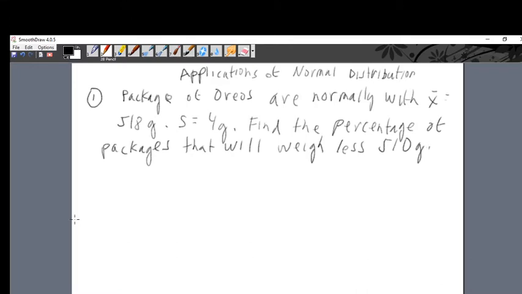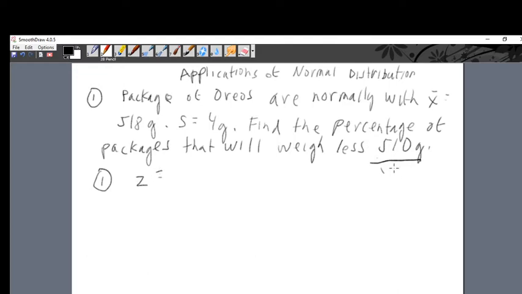Okay, so here's what you do to solve this problem. First, we've got to get a z-score so that we can use that normal distribution curve that we were using before. So to get a z-score, what we need is our data item, which is 510.